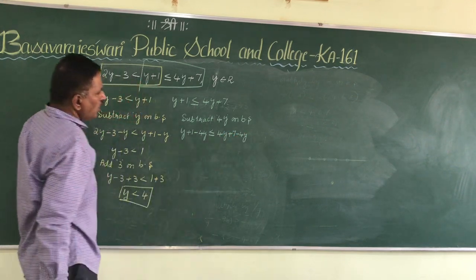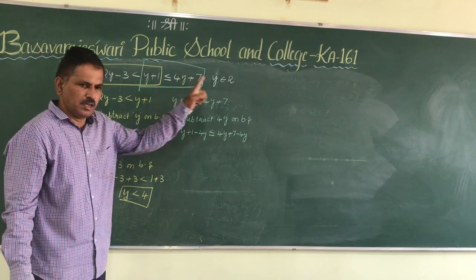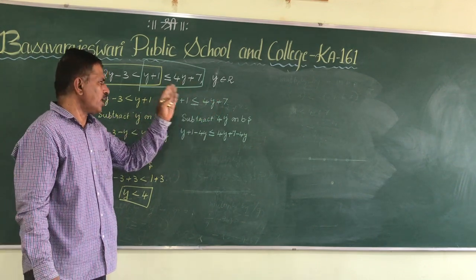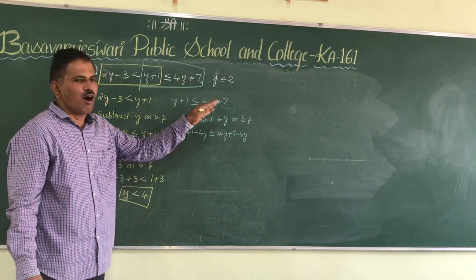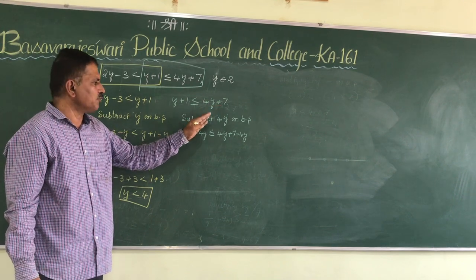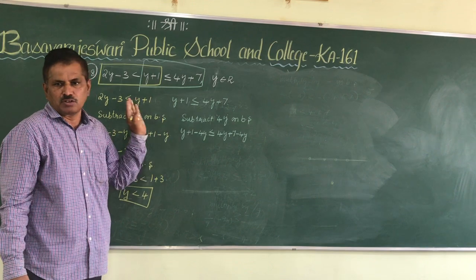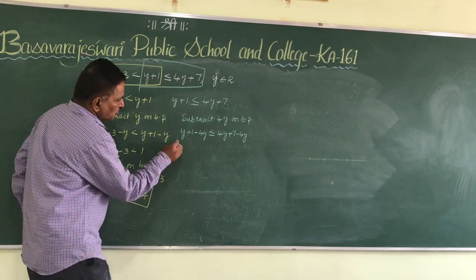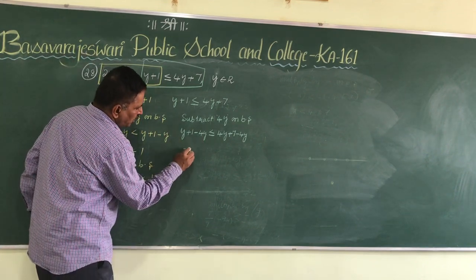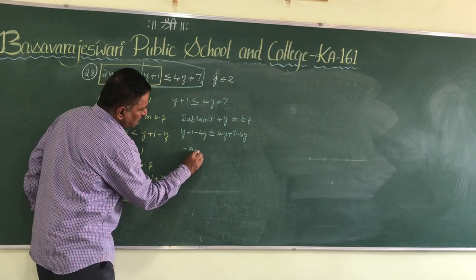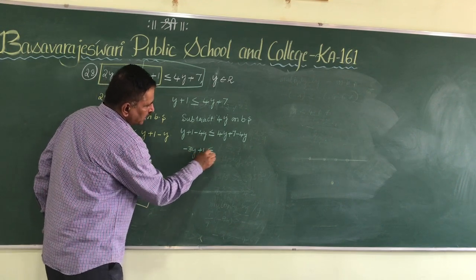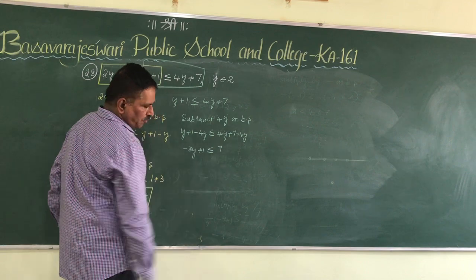If you want, you can subtract y instead. The variable can be written on either the left side or the right side, but students have the tendency to write it on the left side, which is the reason I have taken the left side. So y minus 4y is minus 3y, plus 1 is less than or equal to 7.